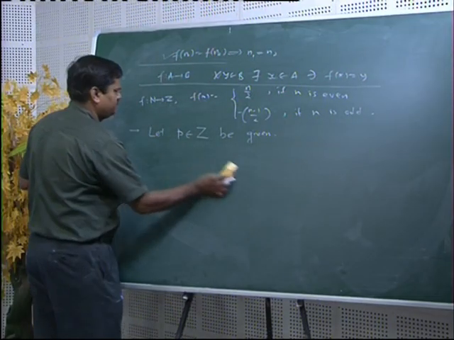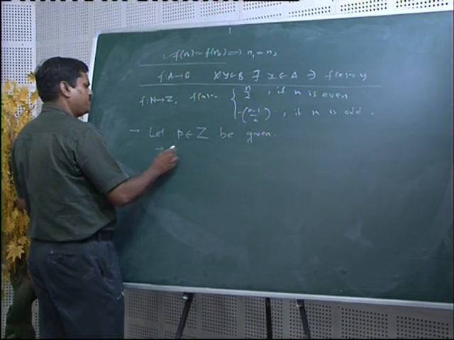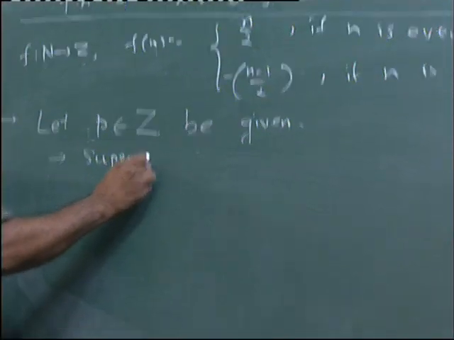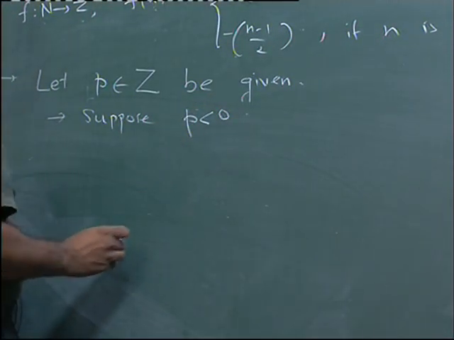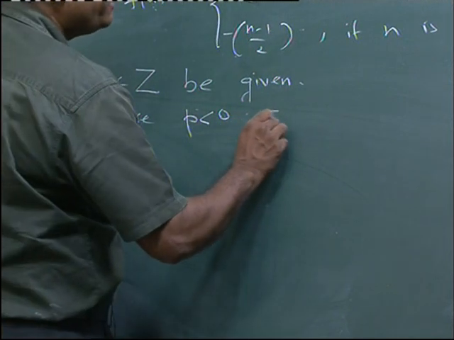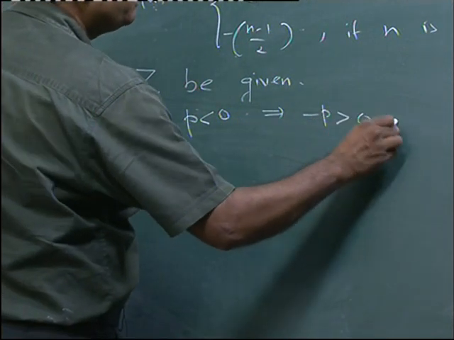Third case, suppose p is negative, suppose p is less than 0, means p is a negative integer. If p is a negative integer, then minus p is a positive integer.